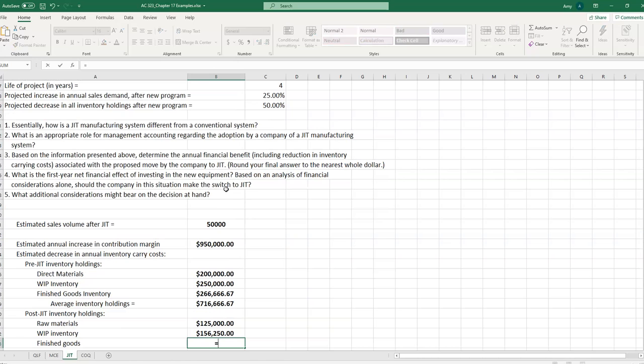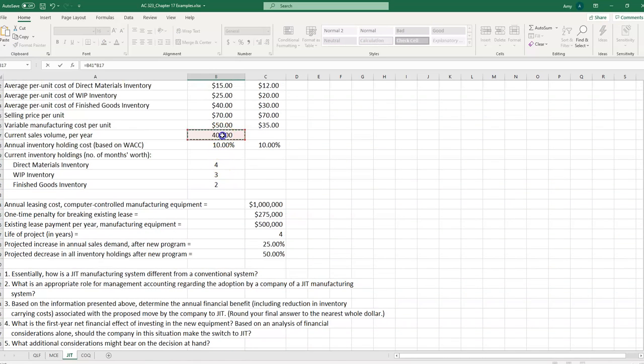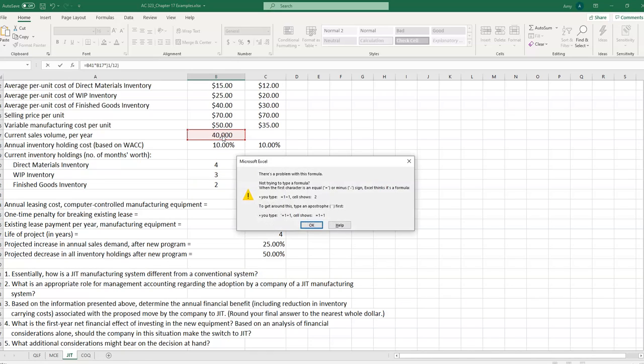And for finished goods, 50,000 units times $40 times 1 divided by 12.